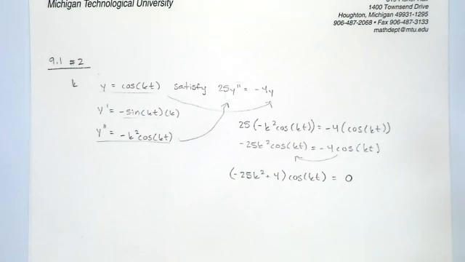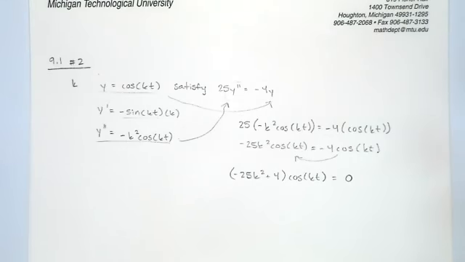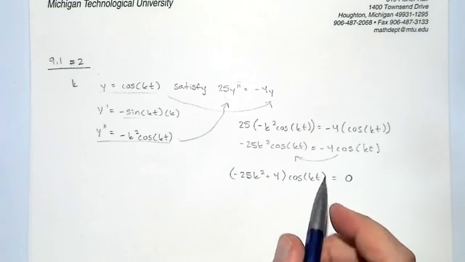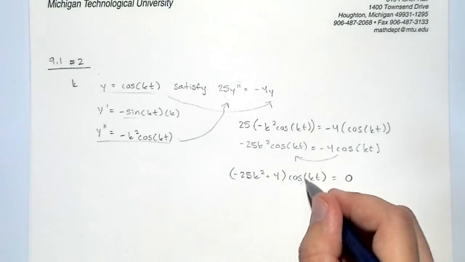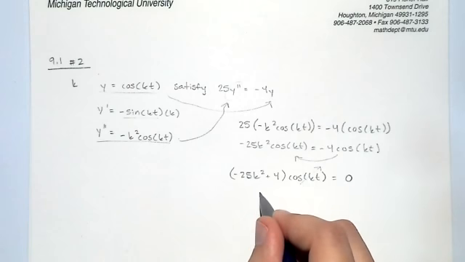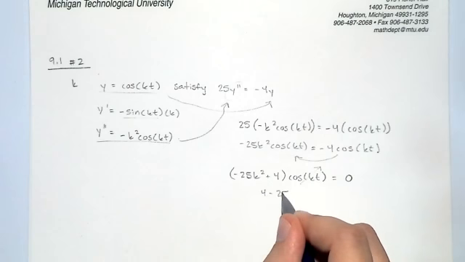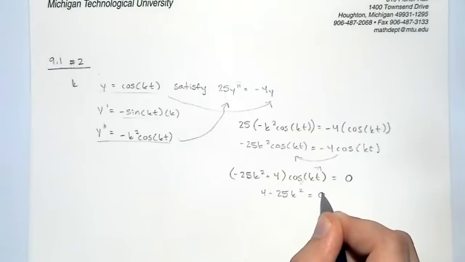And from there, it makes it pretty easy to simplify. So we are going to divide both sides by cosine. So this cosine is just going to go away. And so then we are left with 4 minus 25k squared is equal to 0.